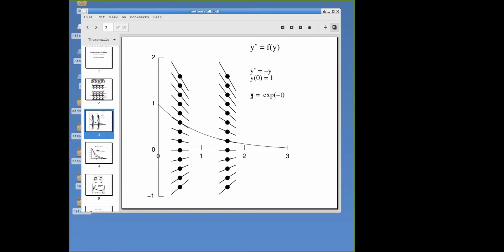Okay? And this differential equation describes a situation in which the slope at any given point, that is the derivative with respect to the independent variable time, is equal to -1 times our displacement from the x-axis.